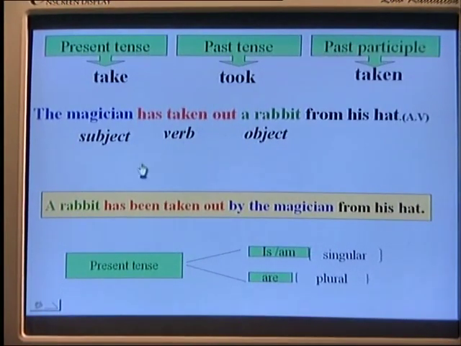A rabbit has been. Look at this sentence, been. You must use been in passive voice. Has taken becomes has been taken out. A rabbit has been taken out by the magician.